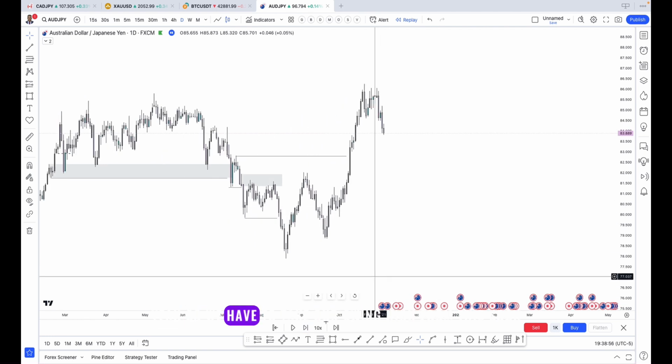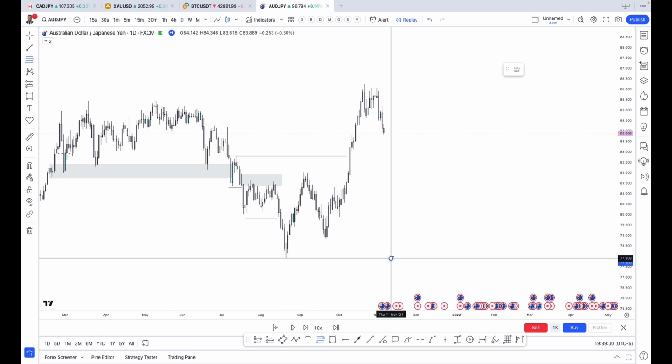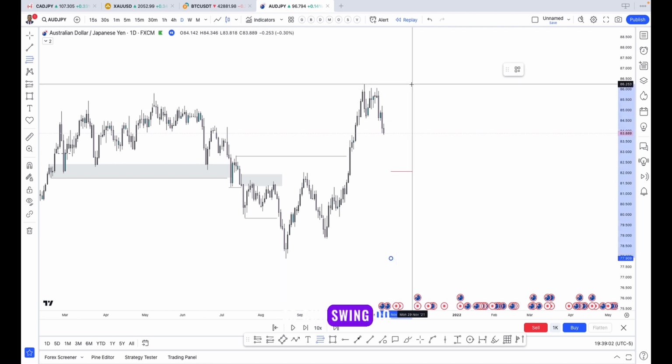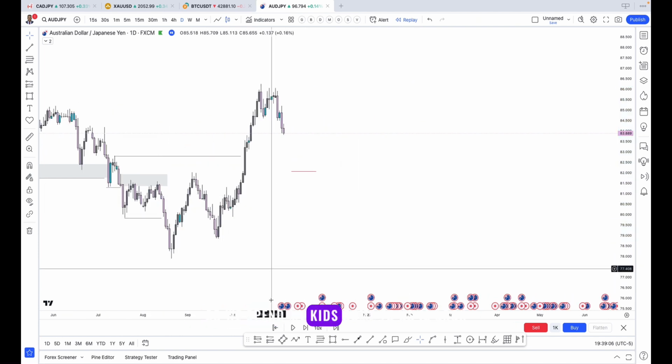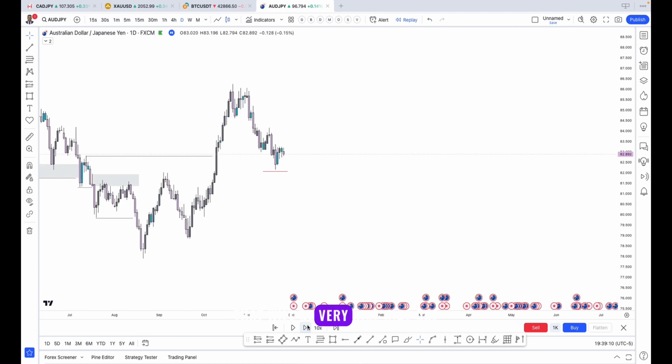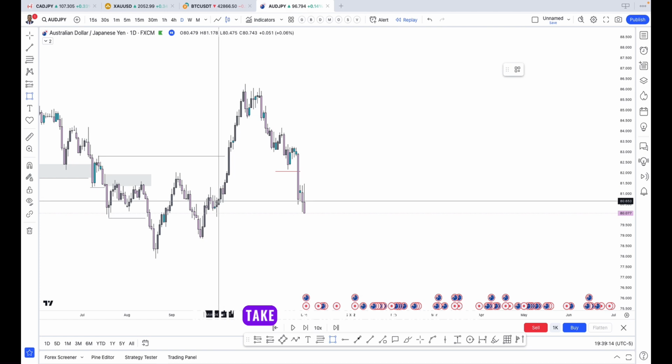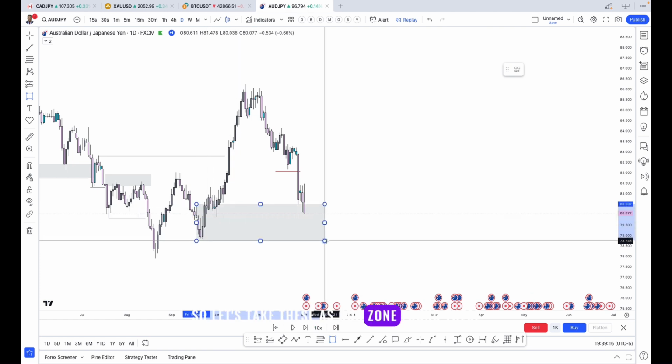So we have to take our swing high from this zone to our swing low. So we expect the market to come towards a zone that will be a very nice one. So let's take this as our zone.